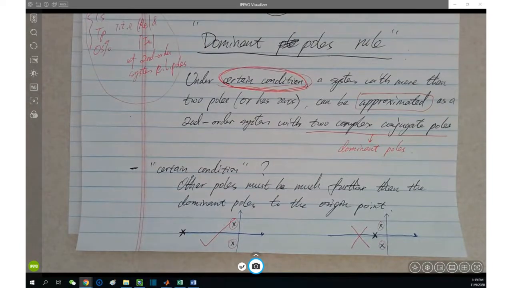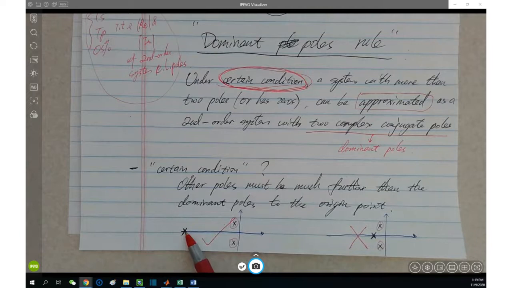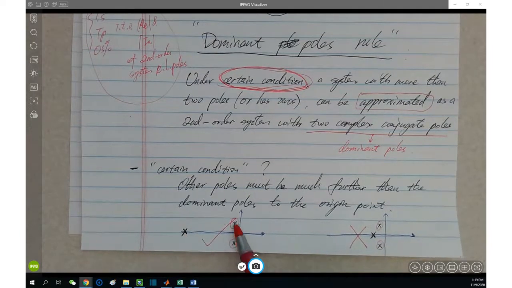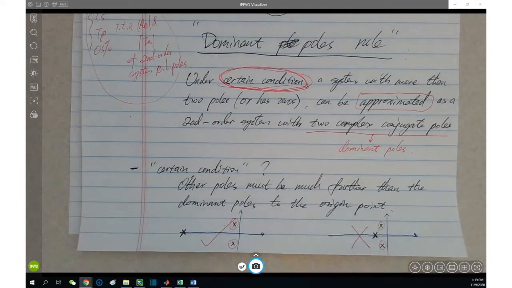Here, John is asking, what does "further" mean numerically? Well, the textbook gives a definition, if I remember correctly: if the pole is 5 times further than the dominant two poles, then you are able to do this approximation.